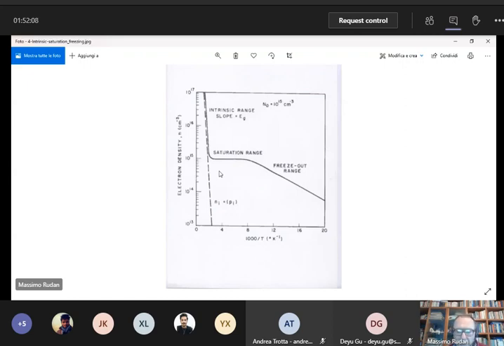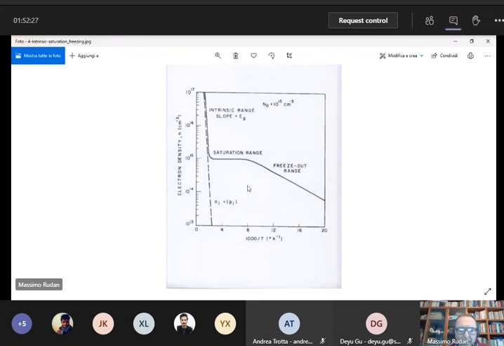And second, this conductivity, at least in a useful range of temperatures, is independent of temperature. So this is a fundamental result.